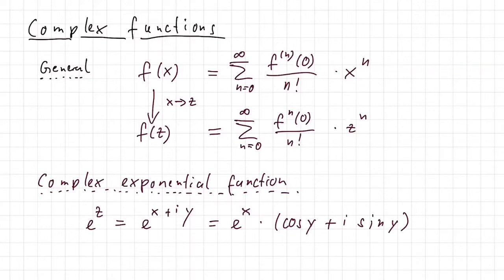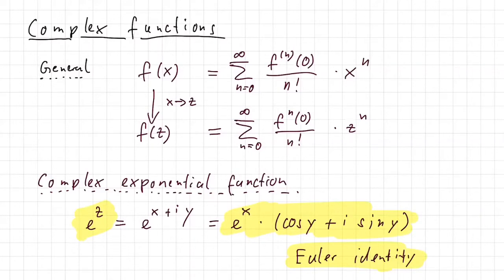This is the so-called Euler identity. And this Euler identity is, I would say, the single most important formula for complex numbers that you can imagine. So that one you should definitely remember.